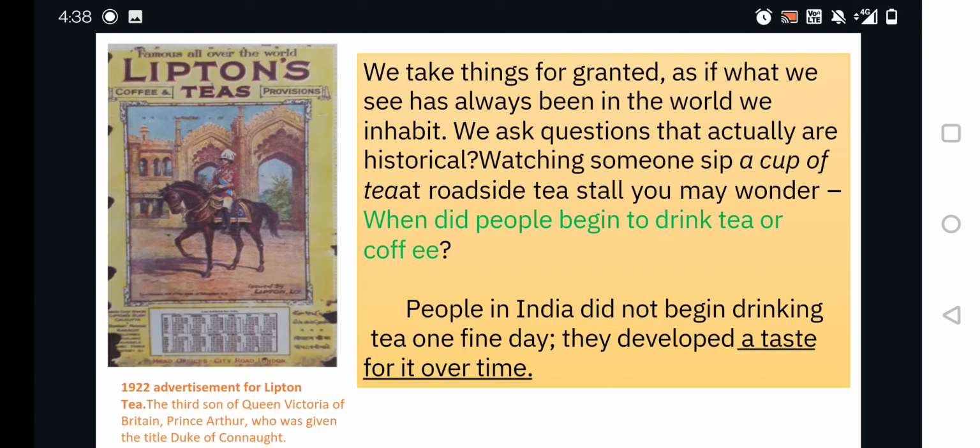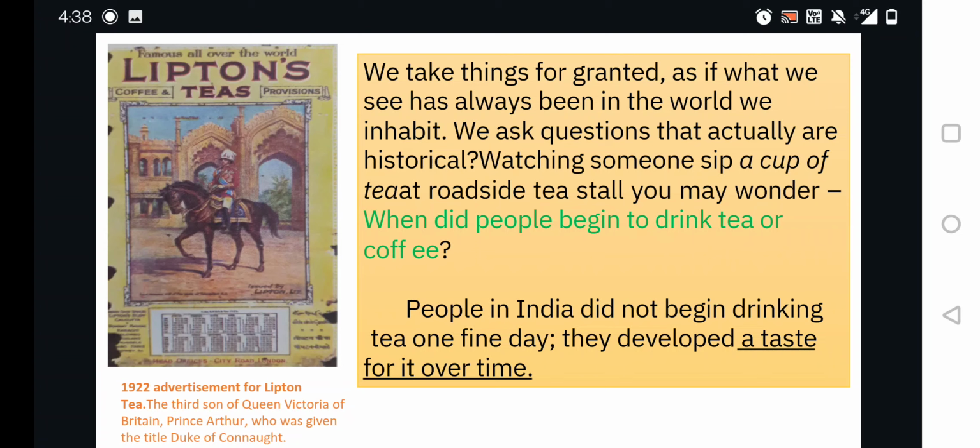So they used to put something useful, plus there is something related to royalty, meaning the people of the royal family. There is a horse, and behind that the fort is given, Red Fort's picture, and in the front, on the horse, is the third son of Queen Victoria, the Duke of Connaught, or you can say Prince Arthur. He got the title Duke of Connaught.